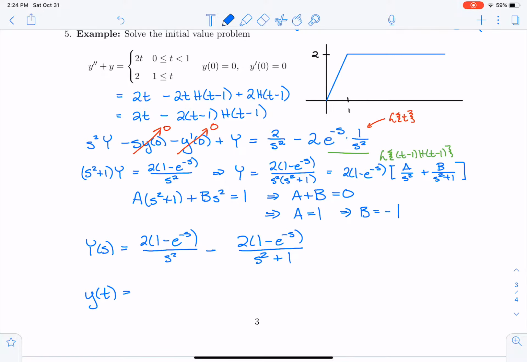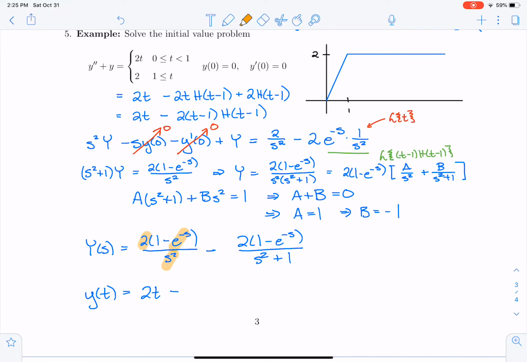So I'm going to start with just the 2 over s squared. The inverse Laplace transform of 2 over s squared is just 2t. And then I'm going to subtract 2 e to the minus s over s squared.